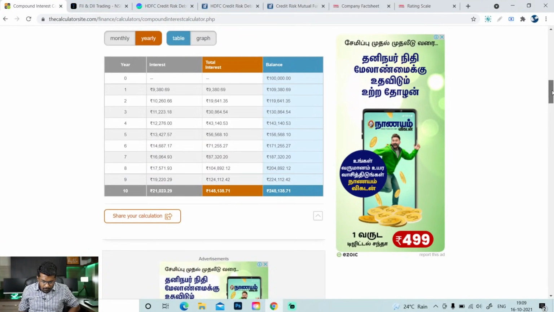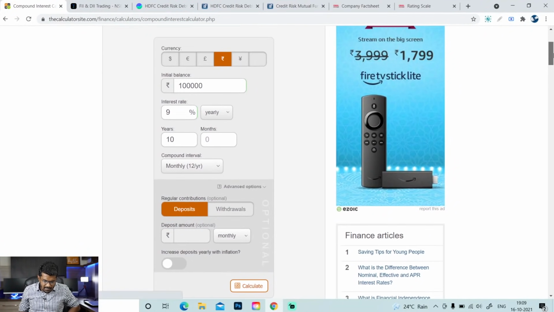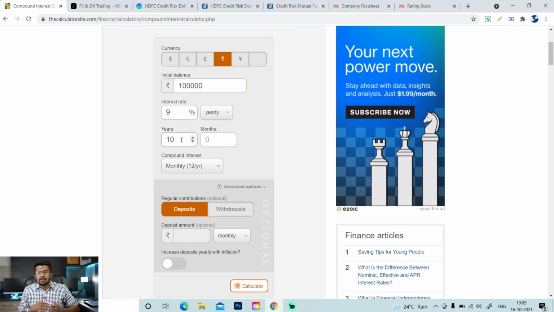Now let me show you this example. This is a compound calculator. Let's say I have an initial amount of 1 lakh rupees and I am getting an interest rate of around 9% yearly, and I am doing simple compound interest for 10 years, and my interest is compounded at the end of every year, at the end of 12 months.